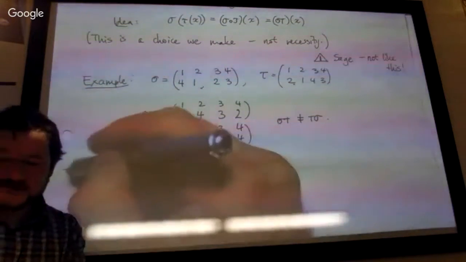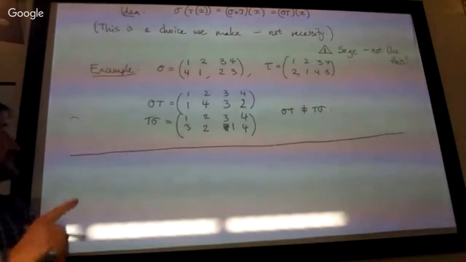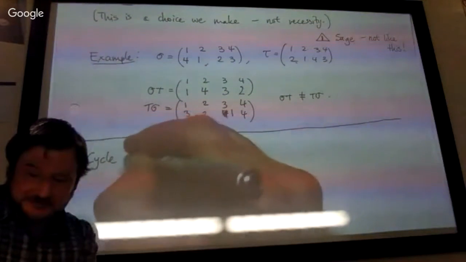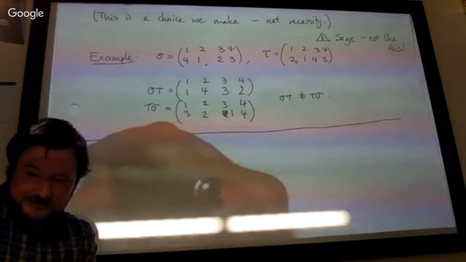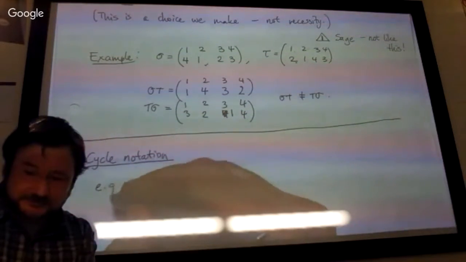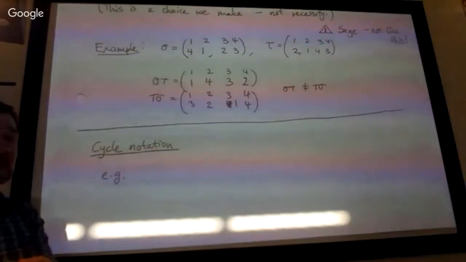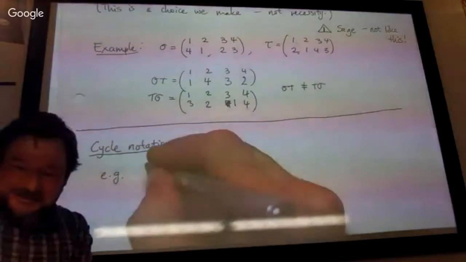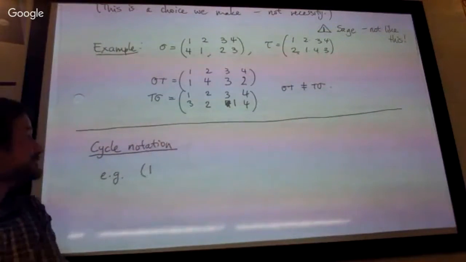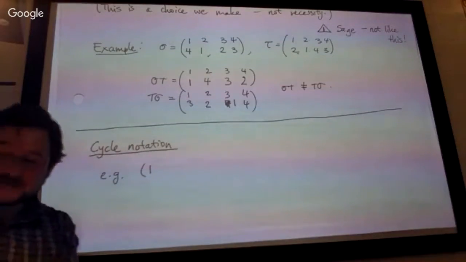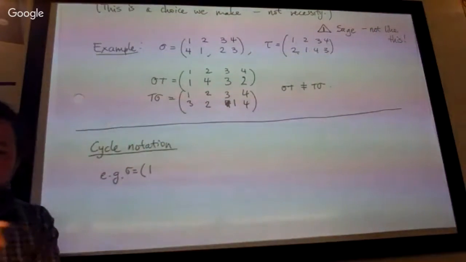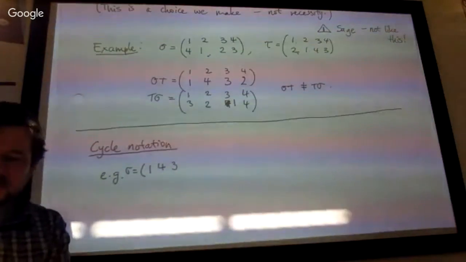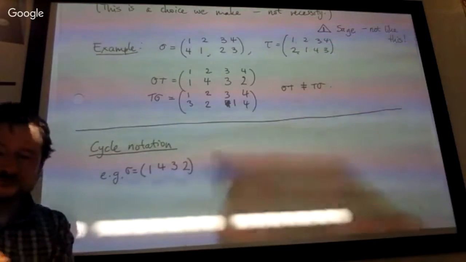Okay, now an important thing is, I mentioned before that this notation is very long. So cycle notation is the following. I'll do definition by example. So you start with the 1. And I'm looking at the sigma above. 1 goes to 4. 4 goes to 3. 3 goes to 2. 2 goes to 1.